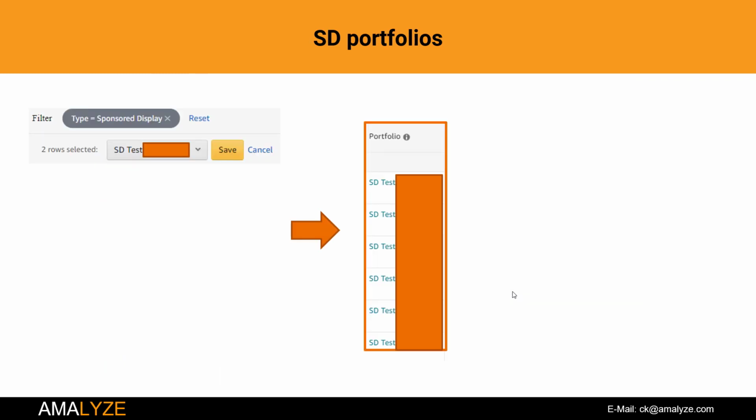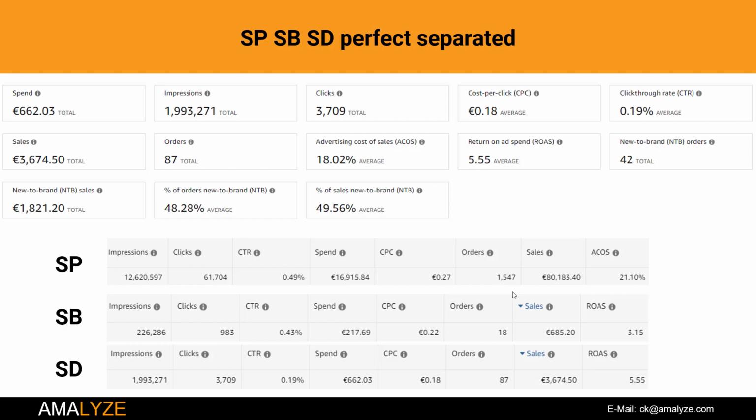And when you have your own portfolio for sponsored display ads, that is really cool. You can now see your results in detail on a portfolio level for the different scenarios: sponsored brands, sponsored products, sponsored displays. But as I mentioned, sponsored displays with CPM are not included.